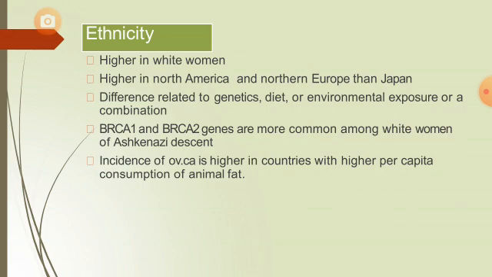Breast cancer 1 and breast cancer 2 genes, BRCA1 and BRCA2 genes, are more common among white women of Ashkenazi descent. These are some of the genes related to the familial syndromes, particularly ovarian breast cancer syndrome. The incidence of ovarian cancer is higher in countries with higher per capita consumption of animal fat.